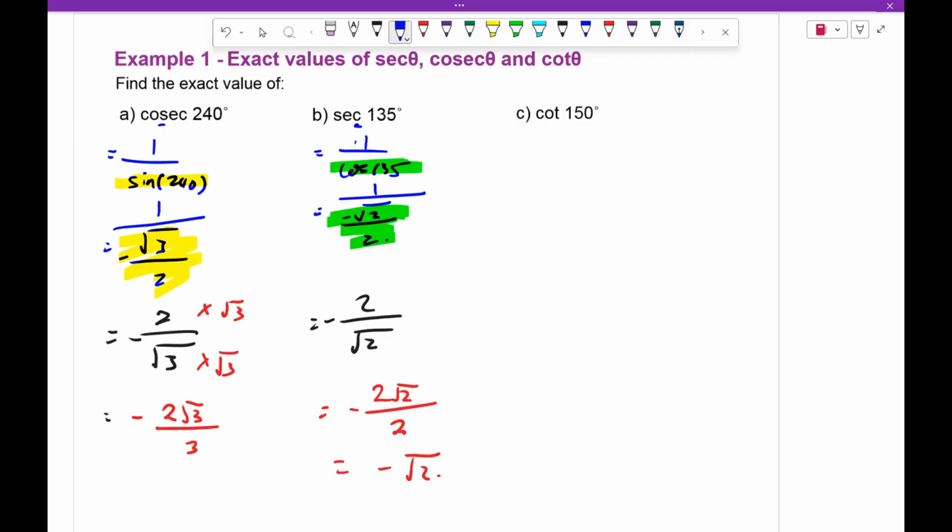Okay. Again, this one is cot, so that means tangent 150. Okay. Now, so that results into 我们的 1 over square root of 3, but negative. So that means square root of 3, the negative.